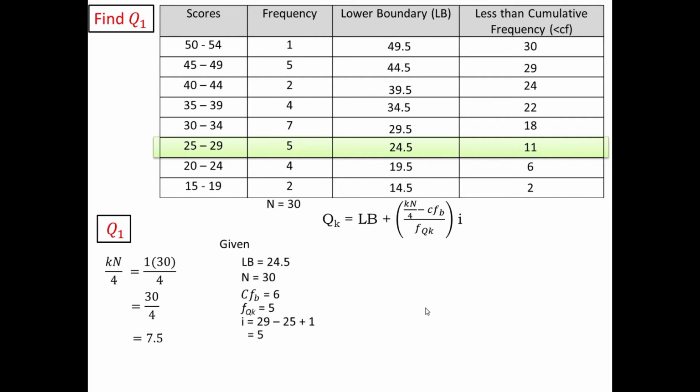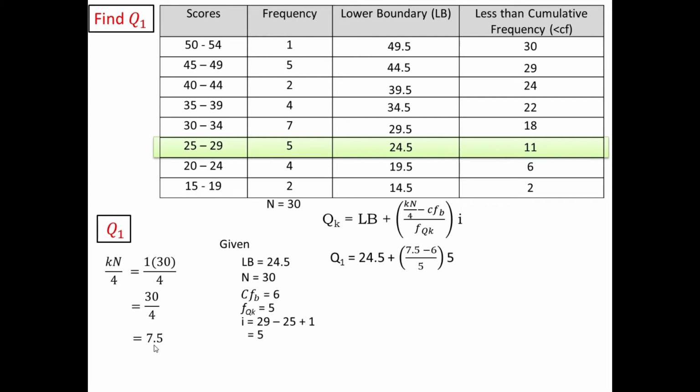Pwede na natin siyang isubstitute sa ating formula. So, si Q sub K, magiging Q sub 1 yan. Si lower boundary of the first quartile class is 24.5. Diba si Kn over 4 na compute na natin as 7.5?